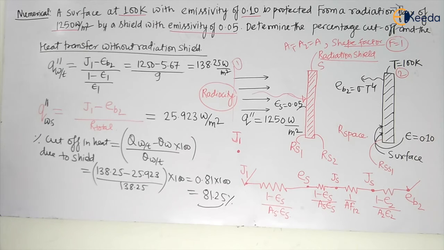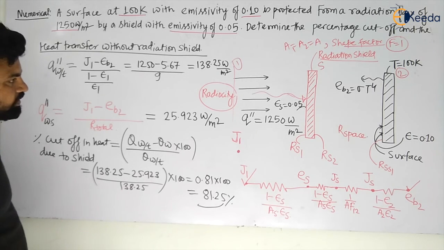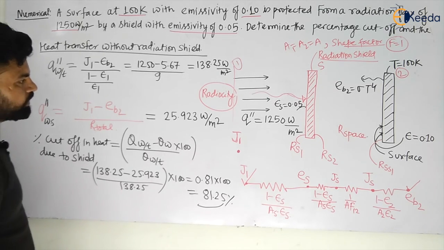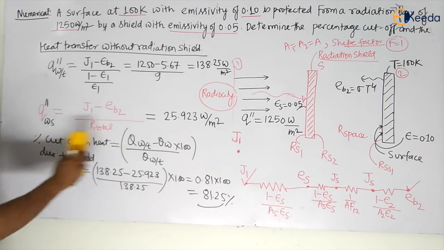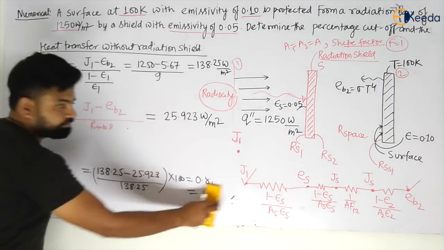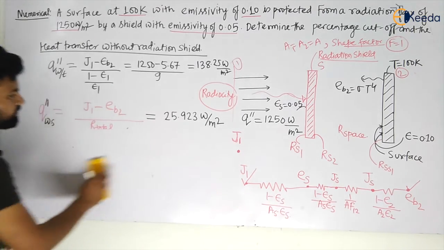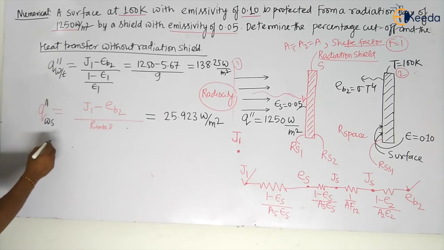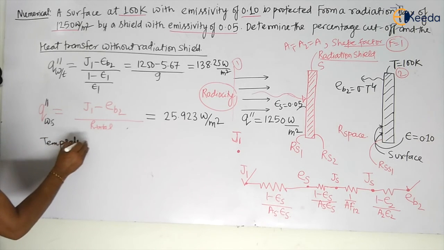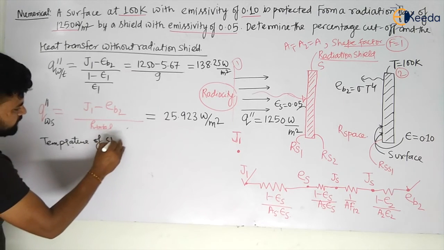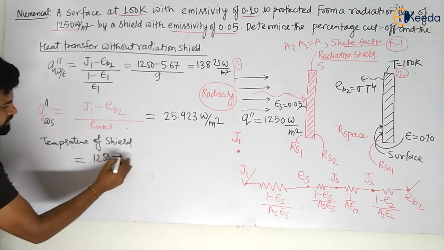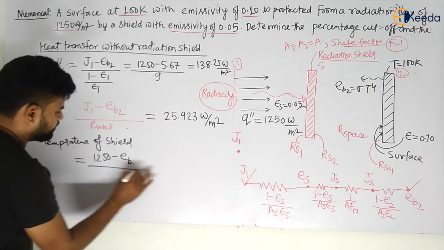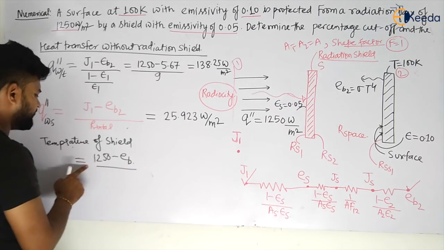When we have introduced a shield, let us talk only about one side of the shield. The temperature of the shield we have to calculate, my dear students. So this will become (1250 minus EB of shield) divided by the resistance of the shield.